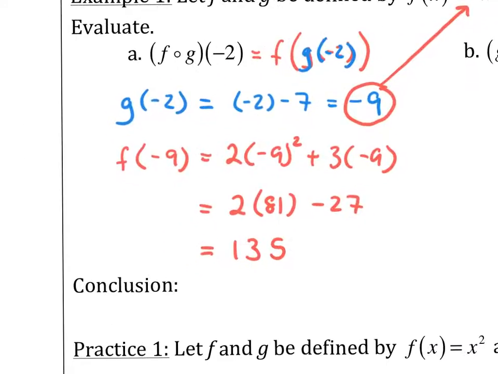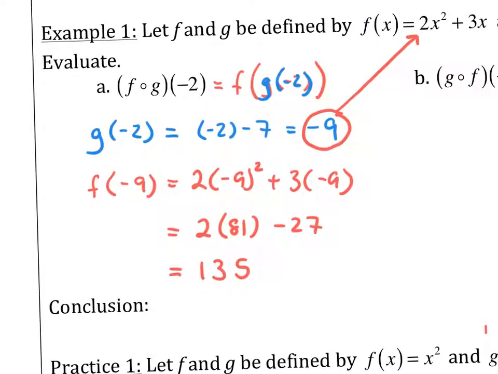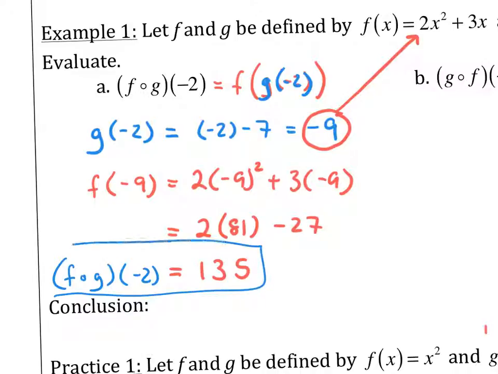So let me remember to always bring the answer back together. So the composite of f with g of -2 is equal to 135. Remember to box or circle your answers just to make it a little bit faster. Bring it all together.